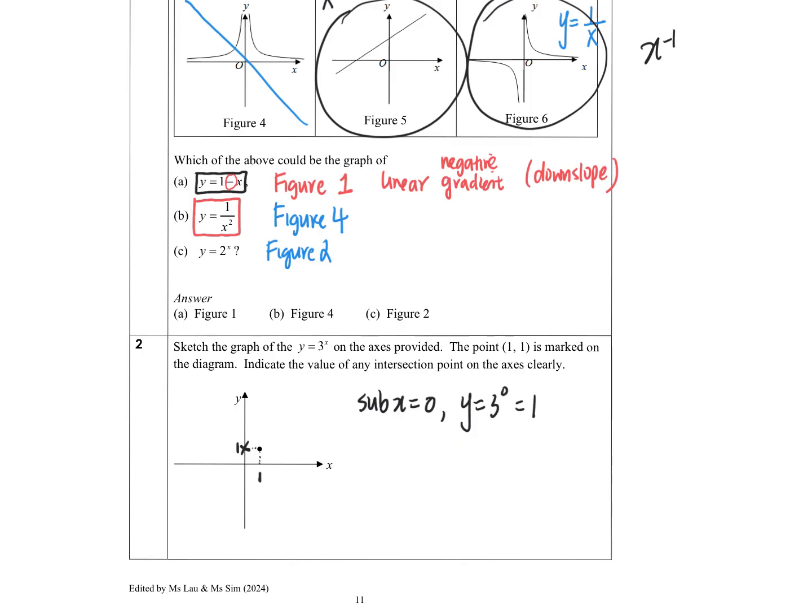Second, when you sub in x as 1, you want to know whether it will pass by that point. So it will be 3, roughly here. So the second point of the graph is over there. Since it's an exponential graph, make sure it passes through 1 and doesn't touch the x-axis.